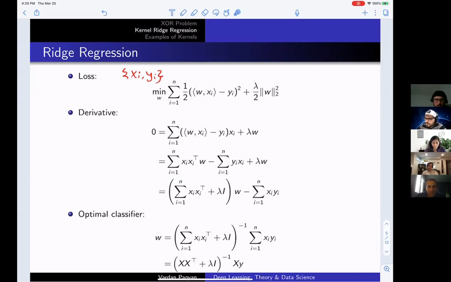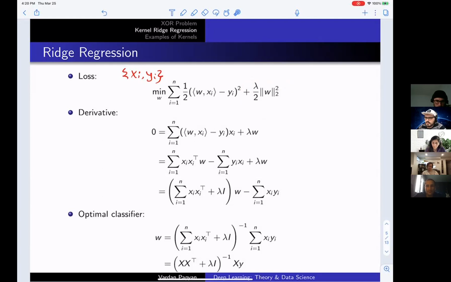And you can see how here we're doing a linear classifier W, which is dot producted with your input Xi. We're comparing the prediction to the target, and we're using the mean squared error loss. And we're also penalizing the L2 norm squared. So this penalty is what's called the ridge penalty. Ridge means L2 norm squared penalty on the parameters.